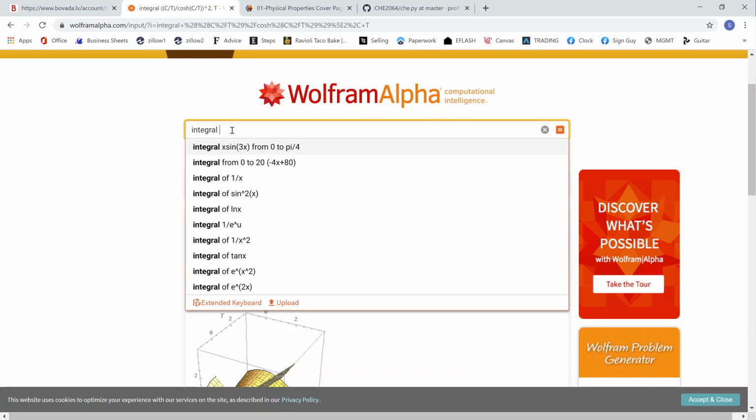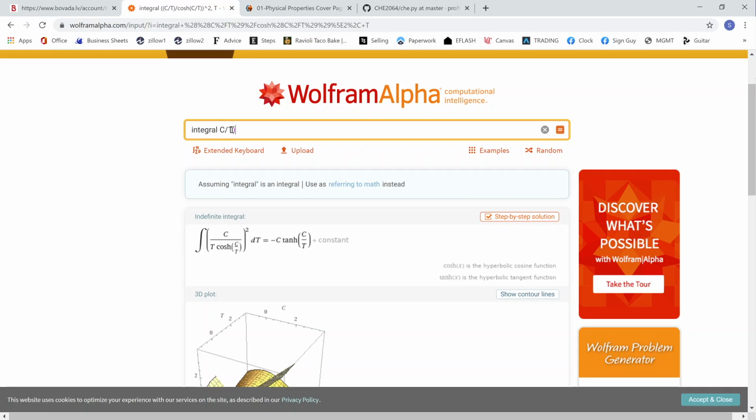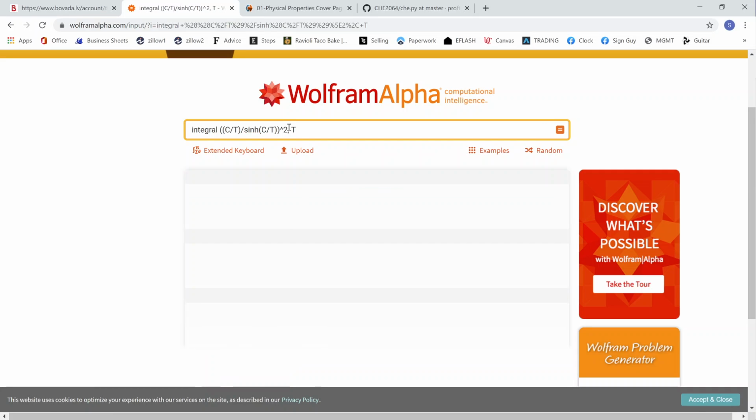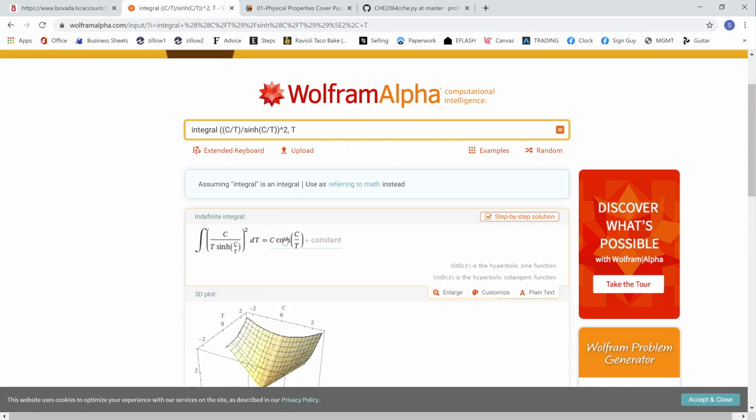So we have the integral of C over T over the hyperbolic sine of C over T, and then all this squared, and then we want to integrate in terms of T. When we look at this integration, we get that it equals C times the hyperbolic cotangent of C over T. And as you know, hyperbolic cotangent is the inverse of hyperbolic tangent.